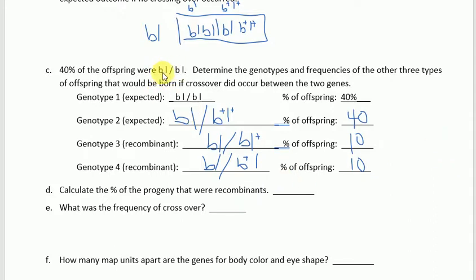Basically, you've got your BL, BL, and then the other wild types. So basically, just crossing over, so 1 with 1.